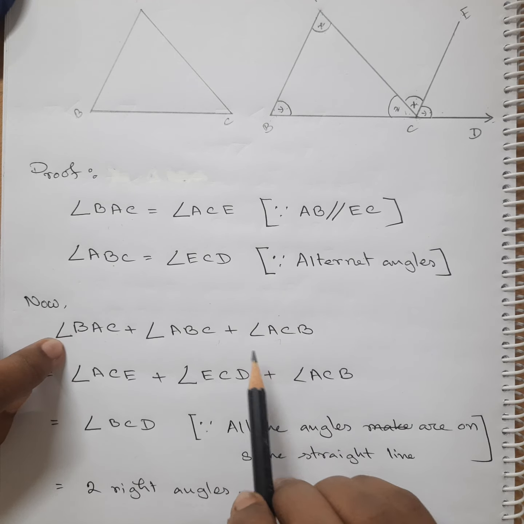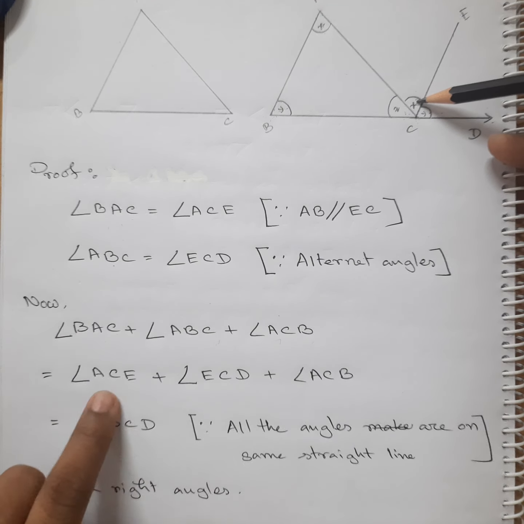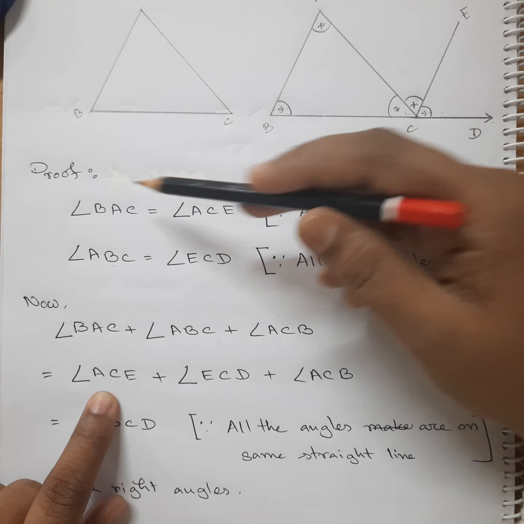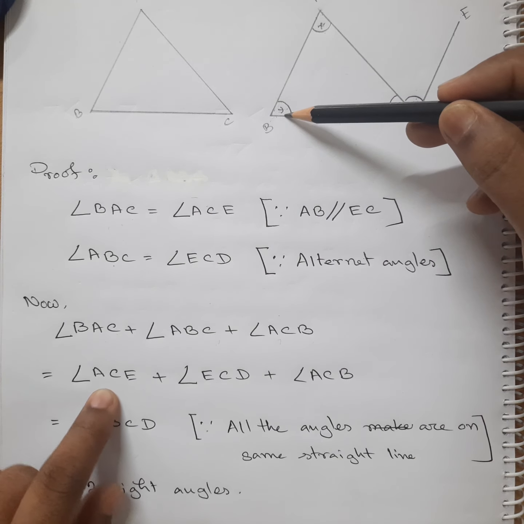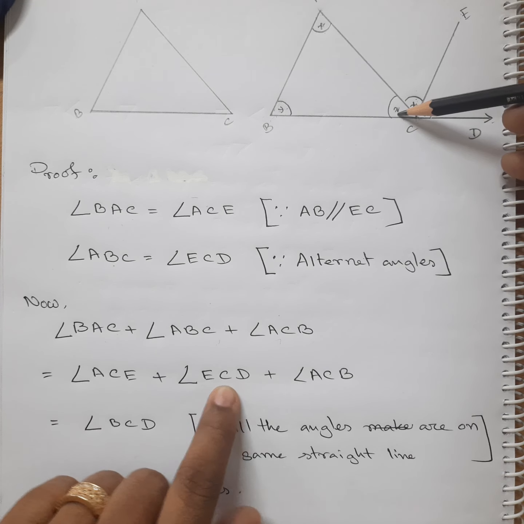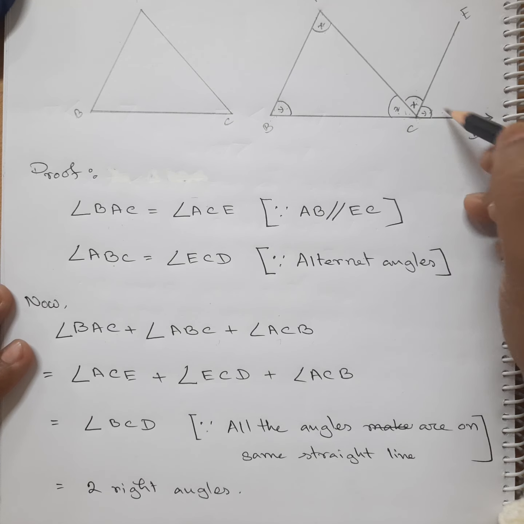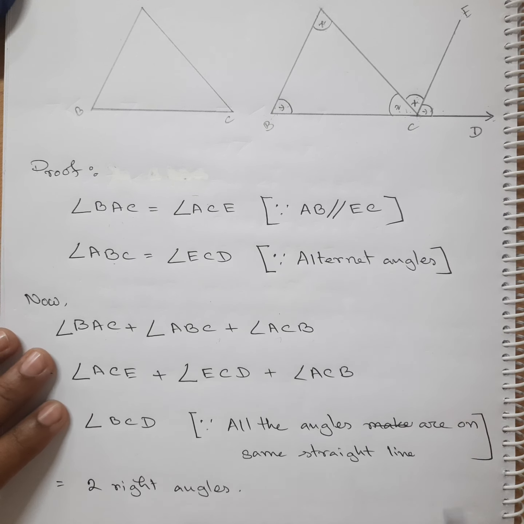After adding them, I am going to replace that angle A with that angle, already replaced over here, you can see that from here. And the angle B I am going to replace with this alternate angle. And the C will remain in its place. Now you can see, as I have already replaced them, all of them are on a straight line, making a supplementary angle.